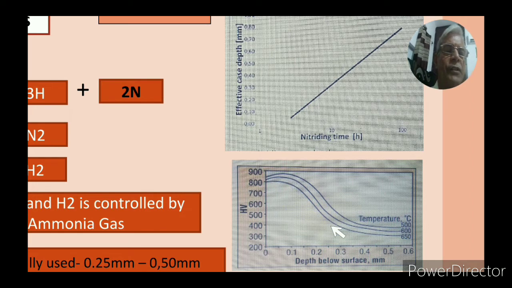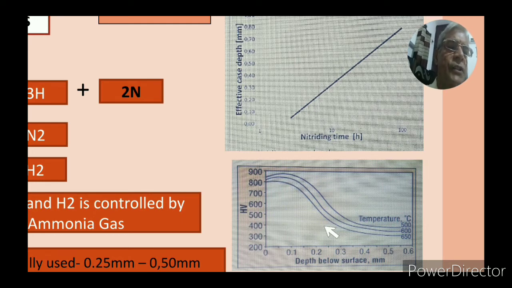It shows the effect of nitriding temperature on case depth and surface hardness.